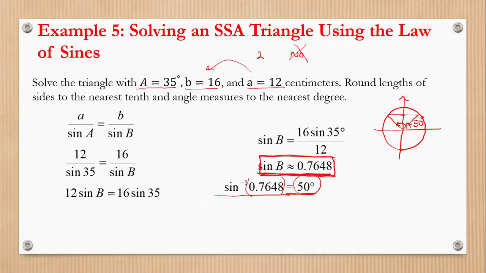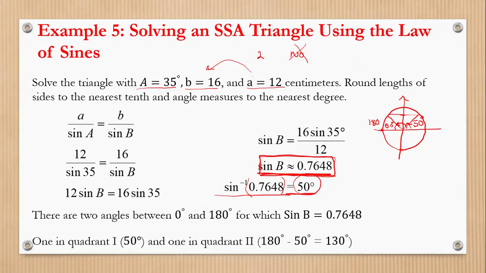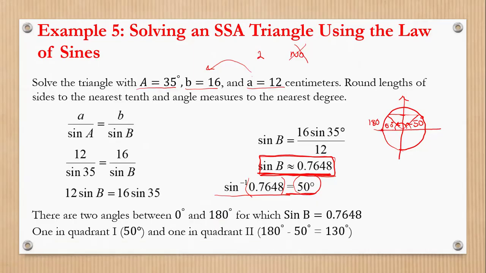And how can we find that? Because we know that if this angle is 50 degrees, this is also 50 degrees. And since this point is 180, if you subtract 50 from 180, you get 130. So you will have two answers, one in the first quadrant, which is 50 degrees, and one in the second quadrant, which is 130 degrees.